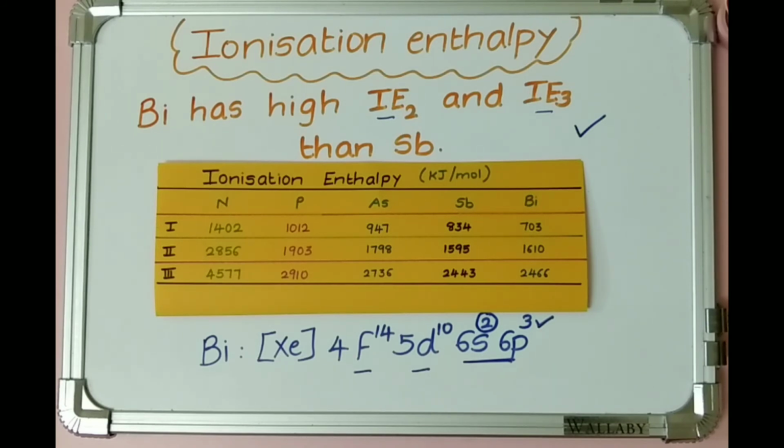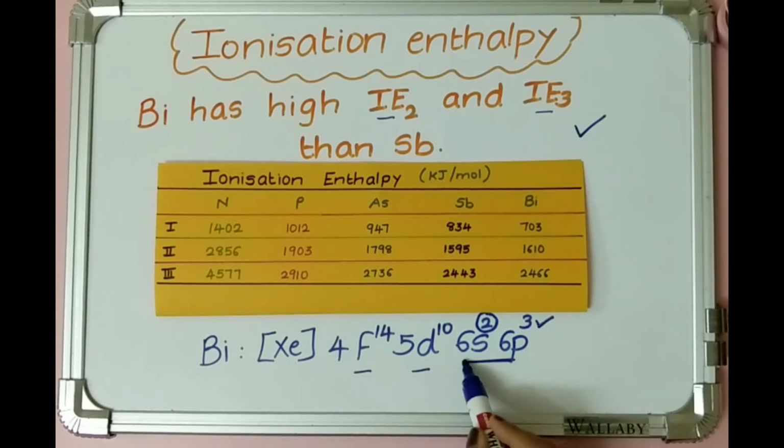So what is the reason? See the electronic configuration of bismuth: 4f14, 5d10, 6s2, 6p3. Again, we know that f and d provide poor shielding effect. Moreover, the f orbital here is completely filled. Right?